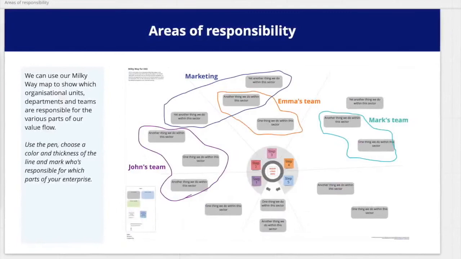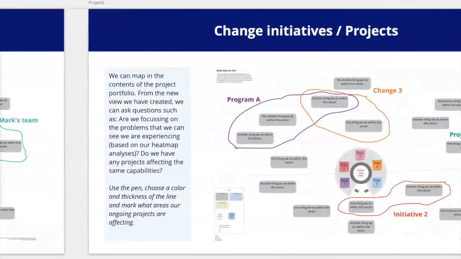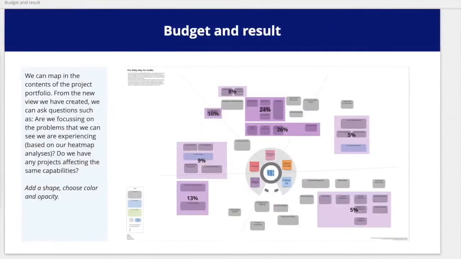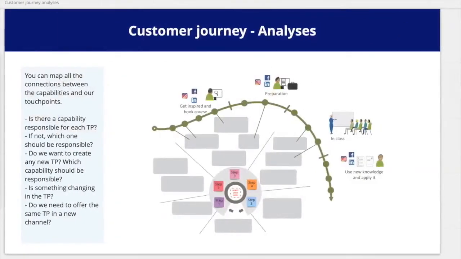Who is responsible for what? How do our products and services flow through our enterprise? What areas are our ongoing projects affecting? What do we spend our money on? And how can we improve our interaction with our customers?